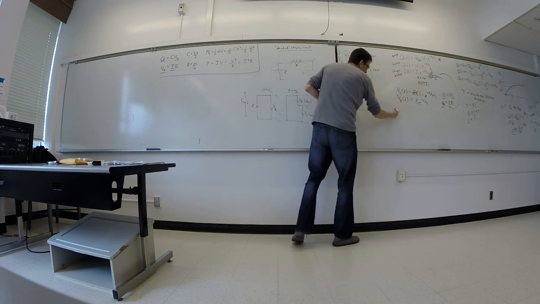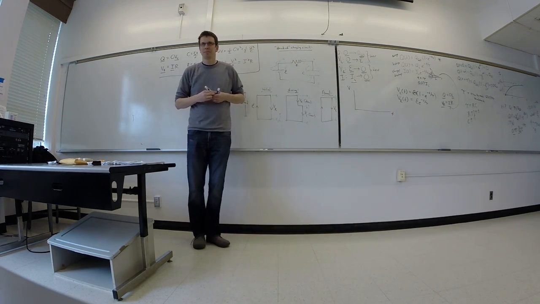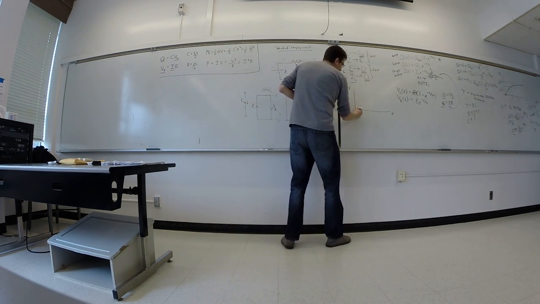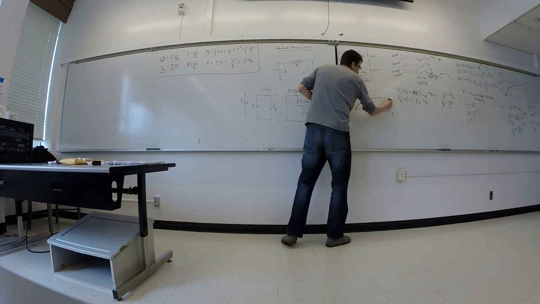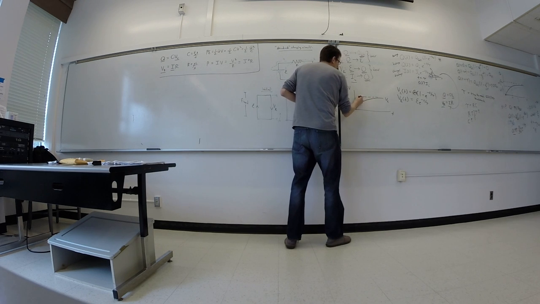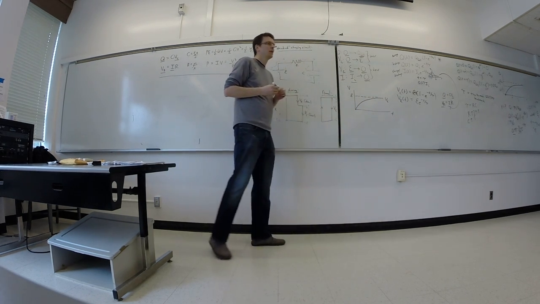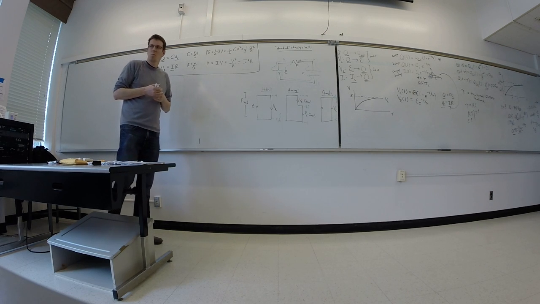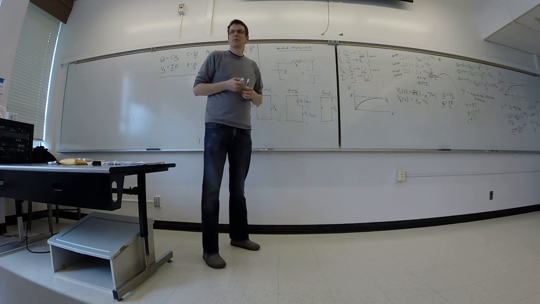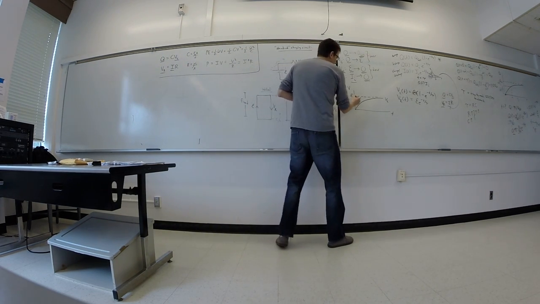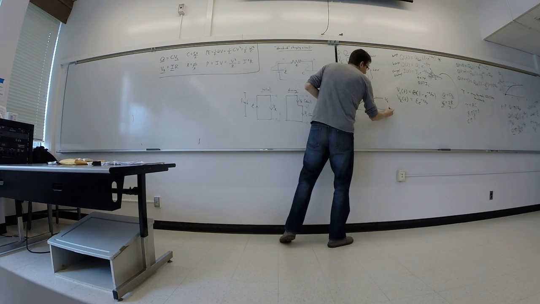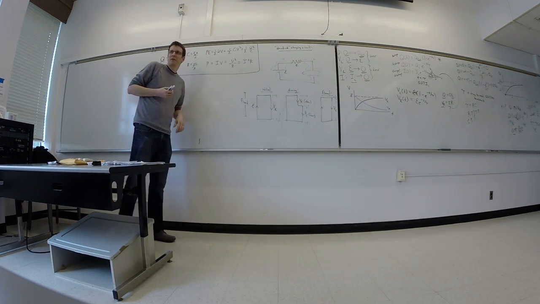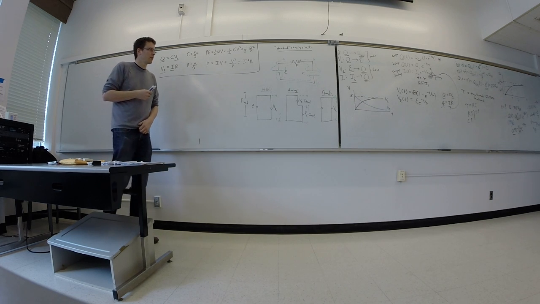So this is just a generic graph of voltage versus time. We see that as the charge grows in the capacitor, so does the voltage. So this is VC. It approaches the voltage across the battery. The voltage across the resistor looks like this. It starts off at the battery voltage and then decreases.